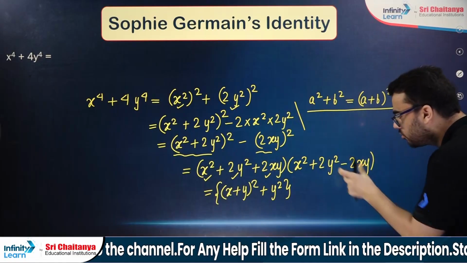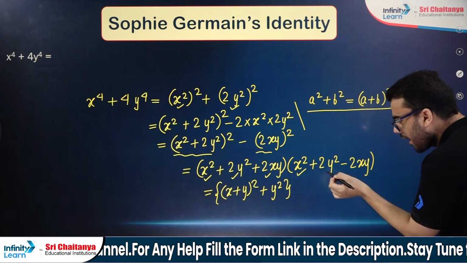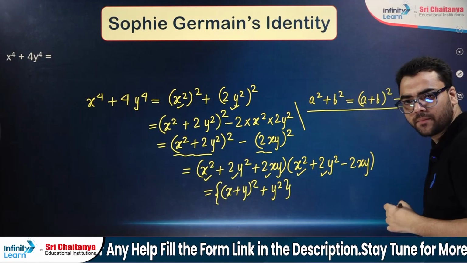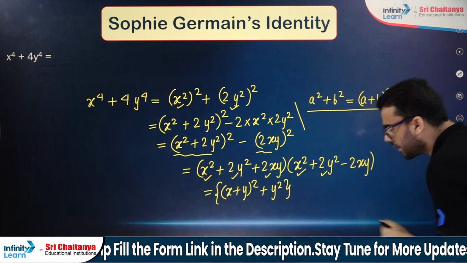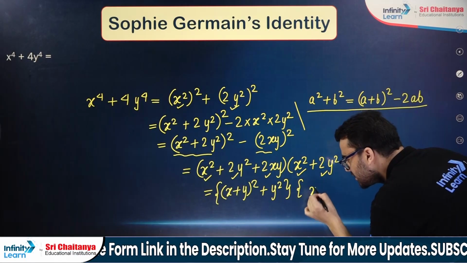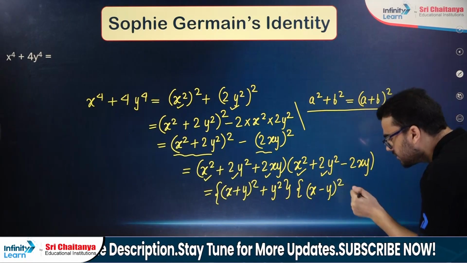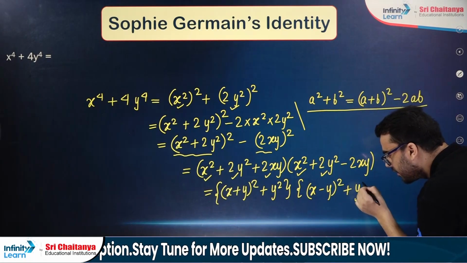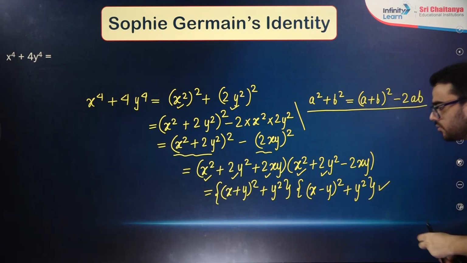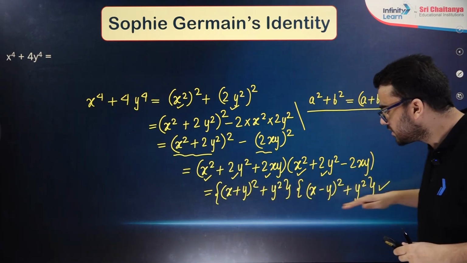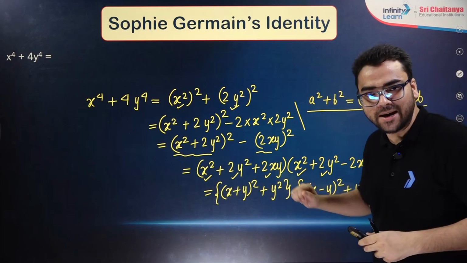The same we can do over here. You see x square and 1y square we can take from here, and minus 2xy. So you can write it like this, x minus y the whole square, and then from this 1y square is already left.